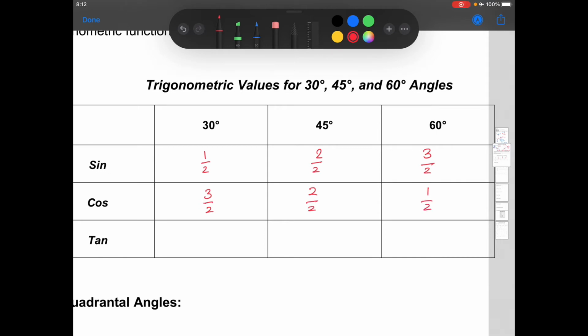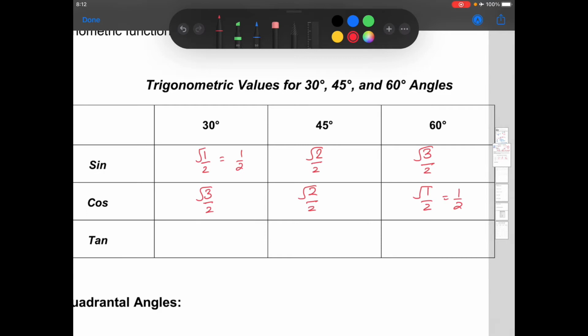This is only for sine and cosine. These are your special angles, 30, 45, and 60. And take the square root of the numerator. So this is basically 1/2, because the square root of 1 is 1. So those are your exact values for your special angles 30, 45, and 60.